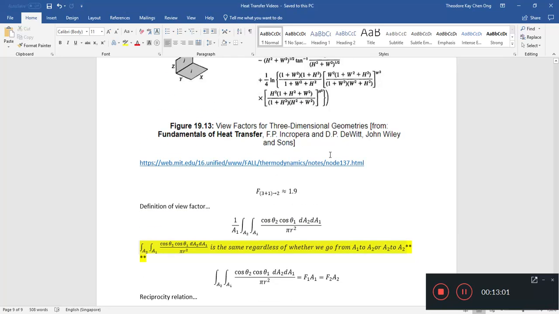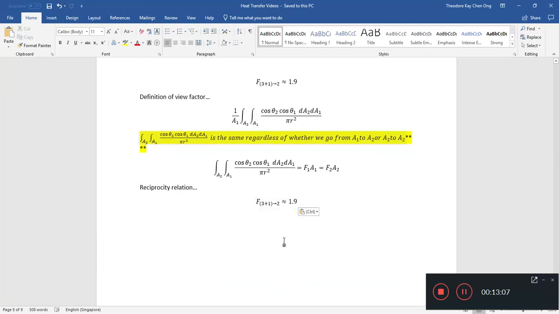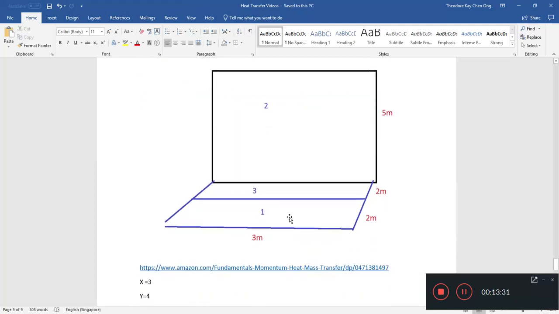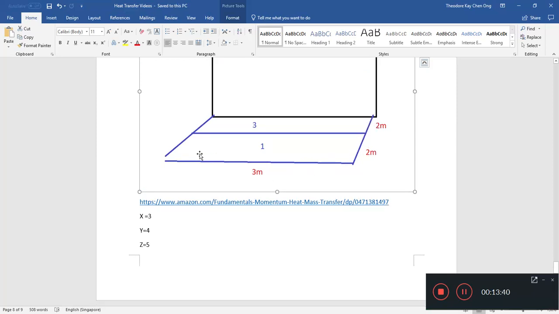Now, the other thing about view factors is that we can actually split them up. If we do the integration right, we can actually split this bottom integral into two parts, one for the 1 and one for the 3.